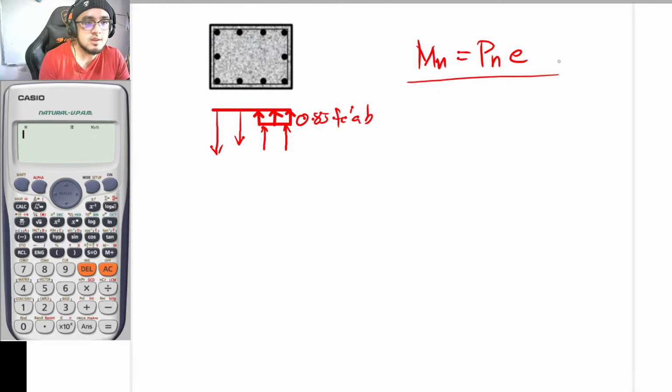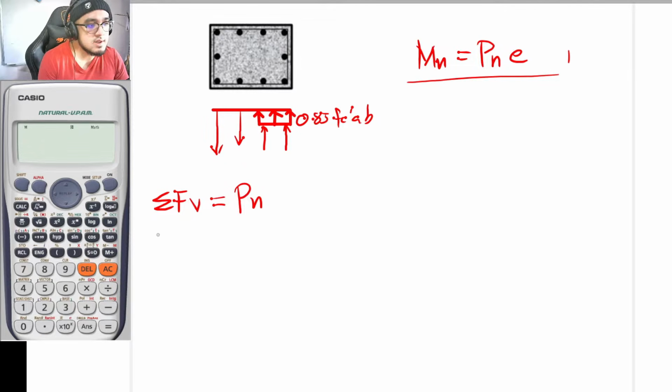And as you can see, this is already one equation. So Pn times e. So how can we get the value for your Pn? For us to get the value for your Pn, let us just get the summation of forces vertical. So the result of your summation of forces vertical, that is now to be your Pn.